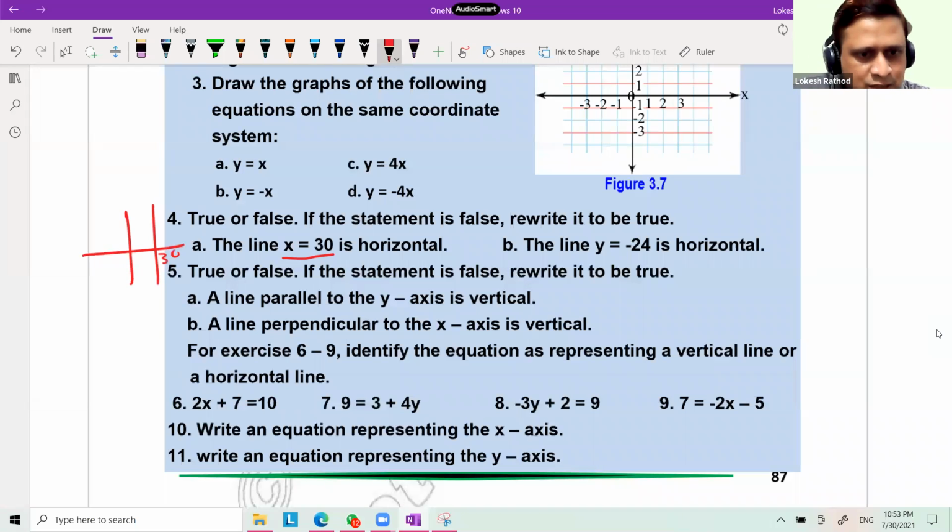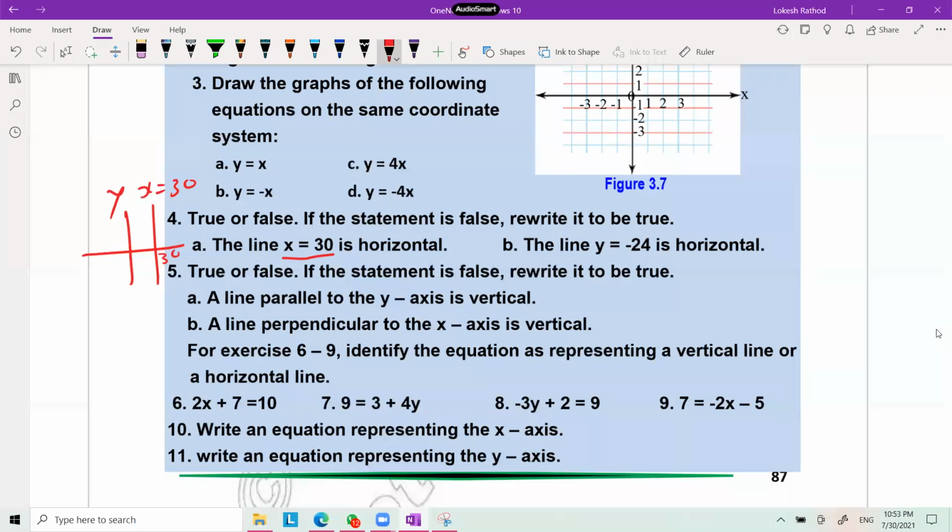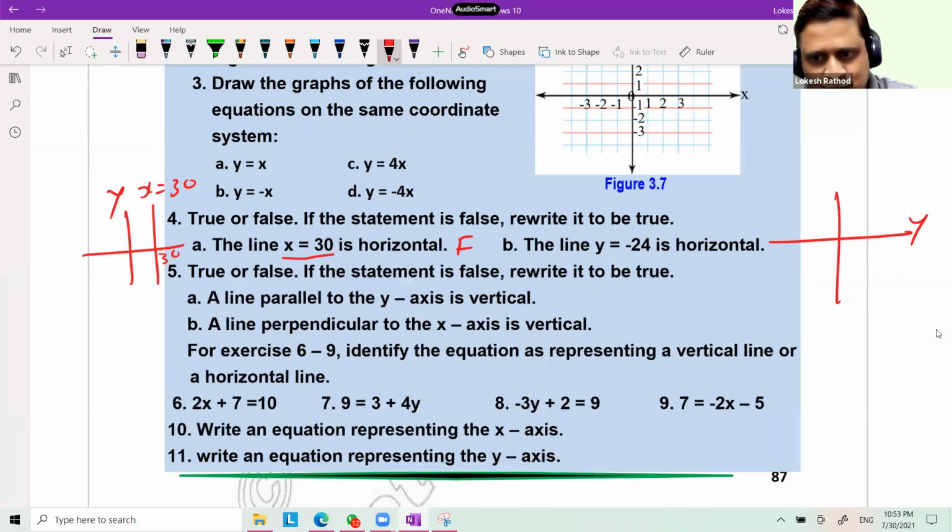Suppose this is 30 on the x-axis, then x equal to 30 is this line. So this is false. y equal to minus 24 is horizontal. Yeah, it is true. Minus 24 may be somewhere around here. The line y equal to minus 24 is horizontal. So this is true.